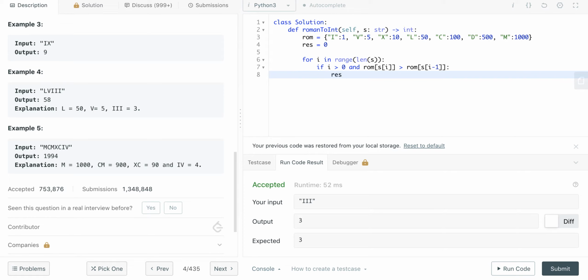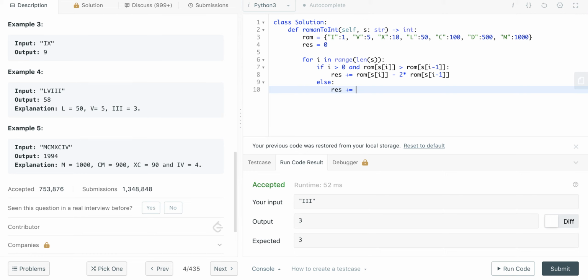Then we need to do result plus the larger one minus 2 times the smaller one. And if not, we get the common case, we just use the add calculation.